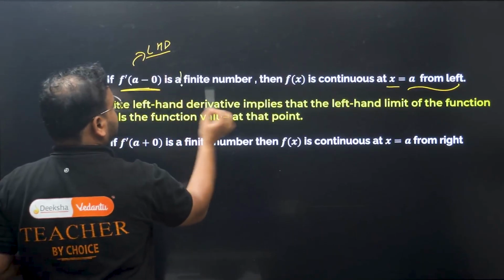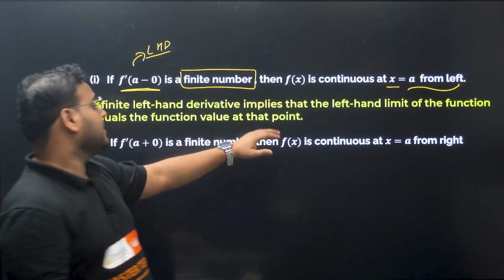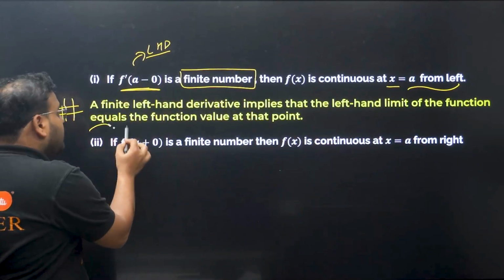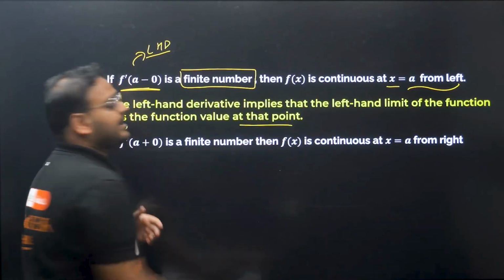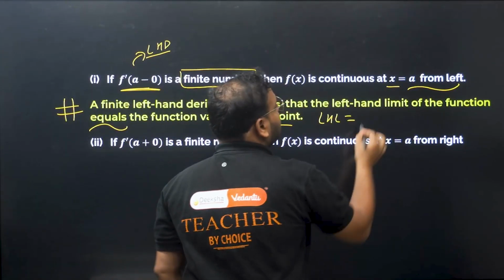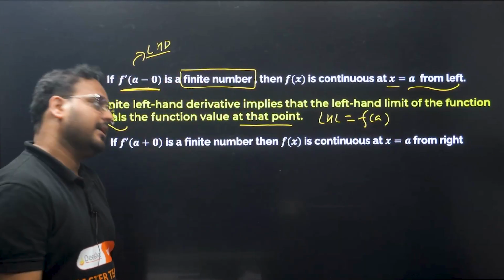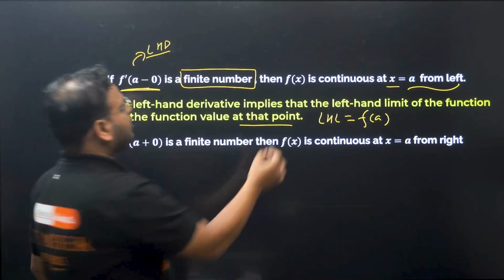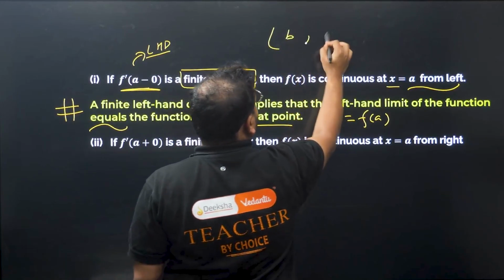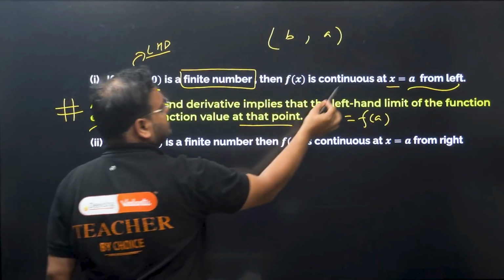So a finite left hand derivative implies that the left hand limit of the function is actually equal to the value at that point. It means your LHL is equal to the function value at a. Basically, let's say the interval is b to a, for this particular first case.